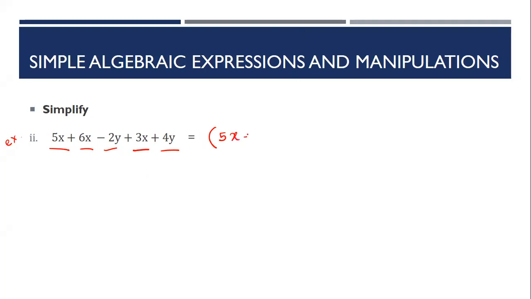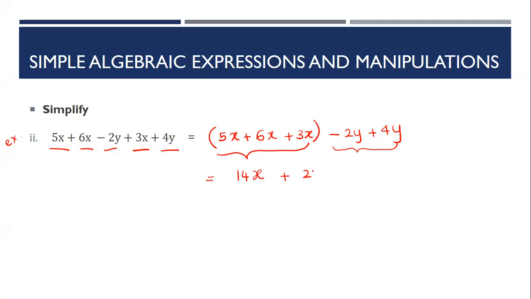So 5x plus 6x plus 3x, those are my x ones. Then minus 2y and plus 4y. So here in the x ones, 5x plus 6x plus 3x, we are getting 11 and 3 is 14x. And here minus 2y and plus 4y, that is plus 2y. So we are getting the answer 14x plus 2y.